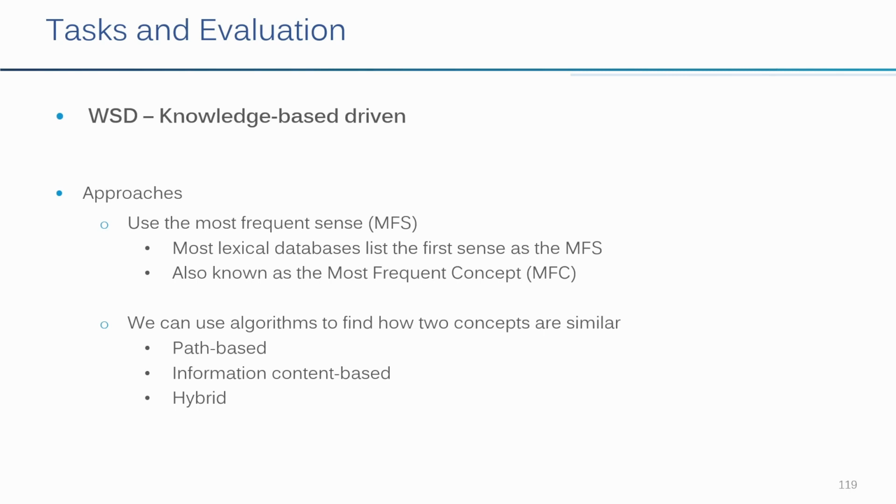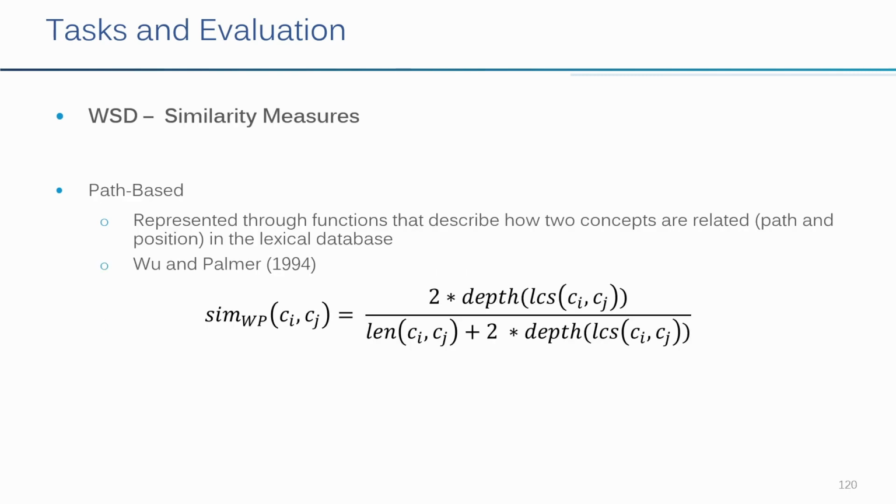The other group are algorithms that are divided into path-based, information content-based, and hybrid, in which they explore the features of those lexical databases to come up with a metric that will tell you how far apart or how close two terms or two groups of terms are. One of them, Wu-Palmer, takes into consideration, let's use for the sake of illustration in the next slides, the representation that we have in WordNet.